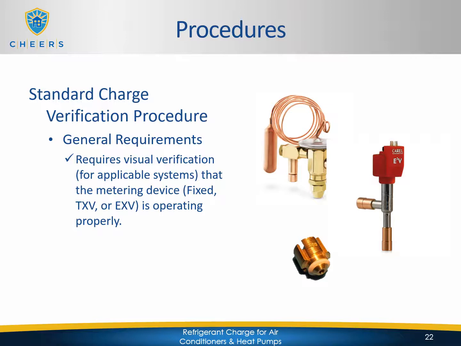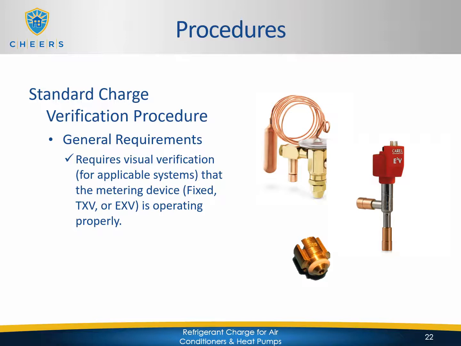Now a TXV is a little bit smarter. It has a sensing bulb, which is that coil of wire with that bulb off to kind of the left side of the picture there. And that's going to sense the temperature of the outgoing refrigerant. So it's going to be installed on the suction line, where the TXV itself is on the liquid line.